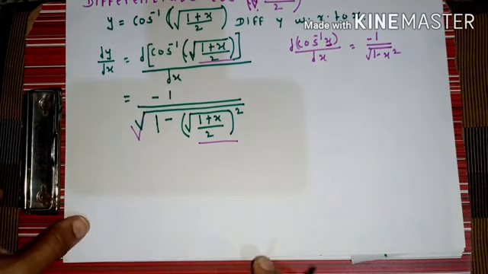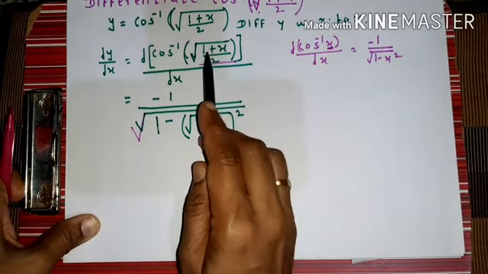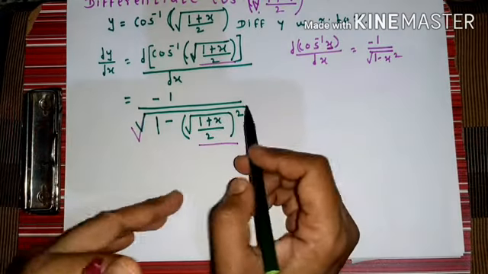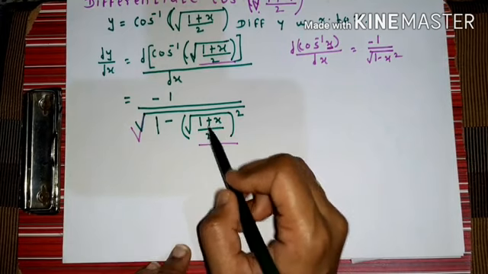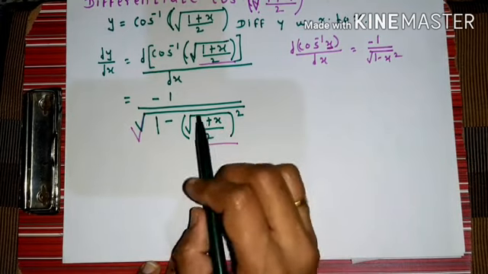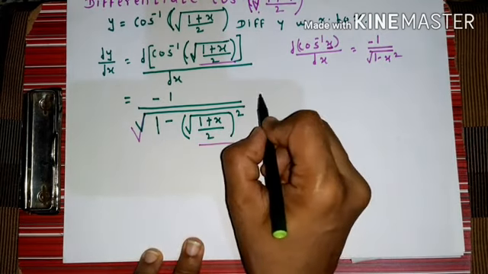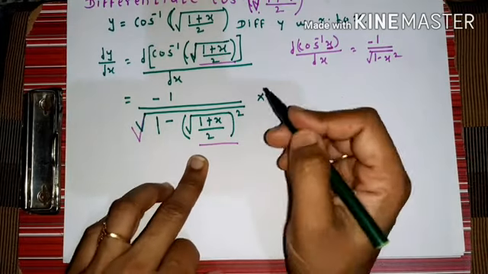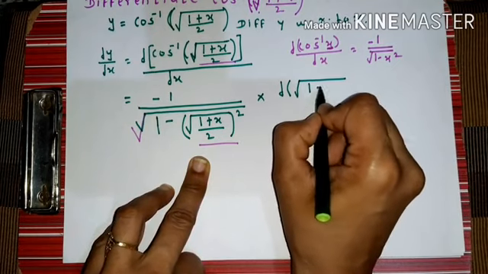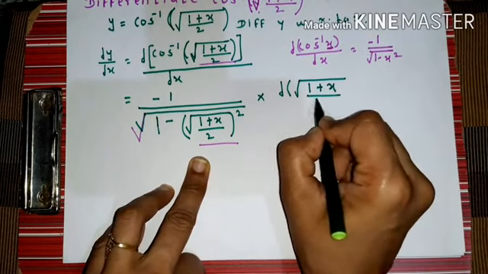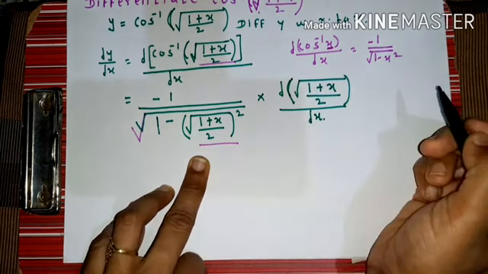Now see students, the value of x is square root of 1 plus x upon 2. Okay. And this is again a differentiable function. That means again by using the chain rule, the function is differentiable. That's why we have to differentiate again. And therefore differentiate the given function, that is the differentiation of square root of 1 plus x upon 2 with respect to x.